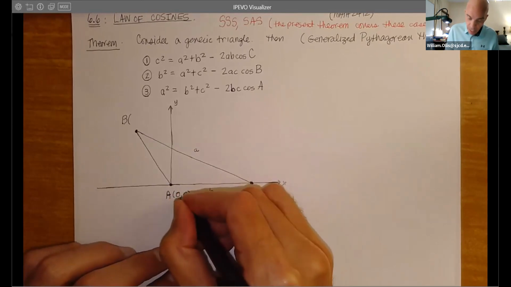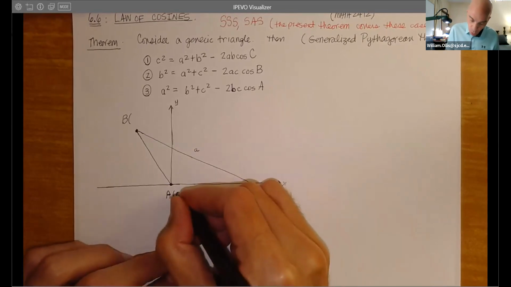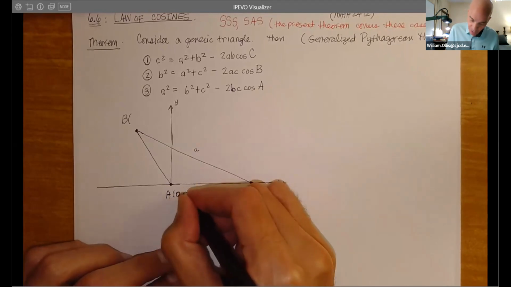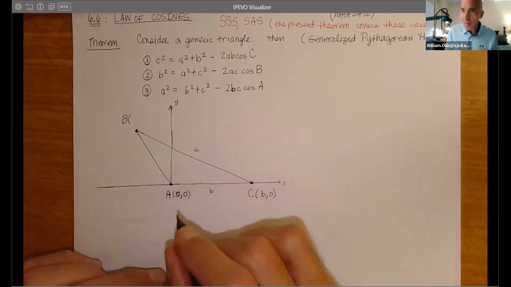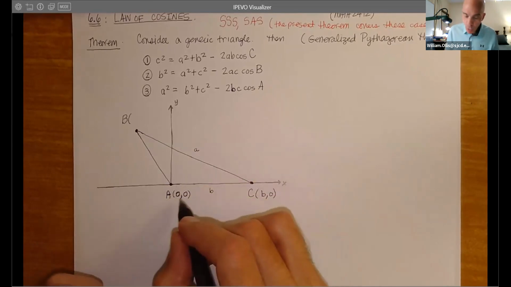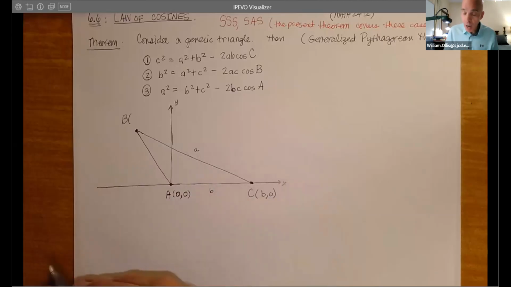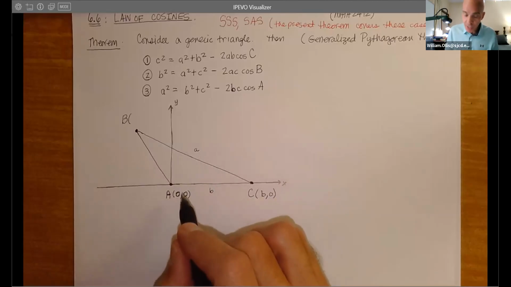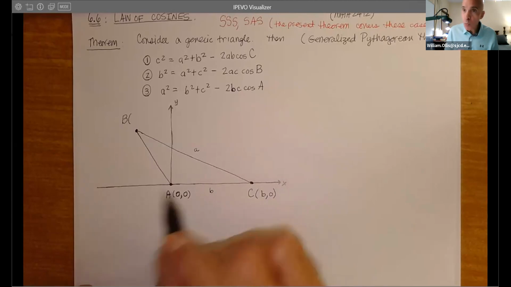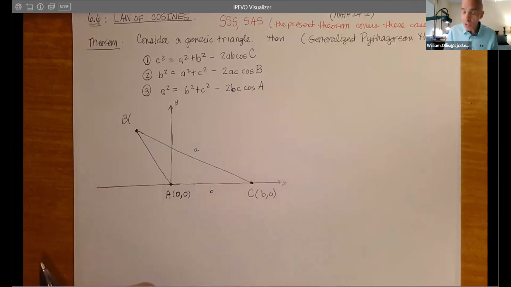So you can see when you're trying to coordinatize a geometric object, it's very nice when you can choose one of the actual points to be the origin, because that simplifies things.